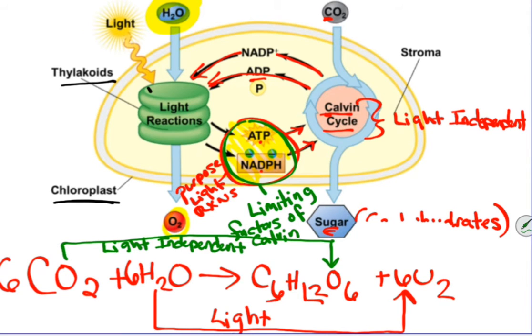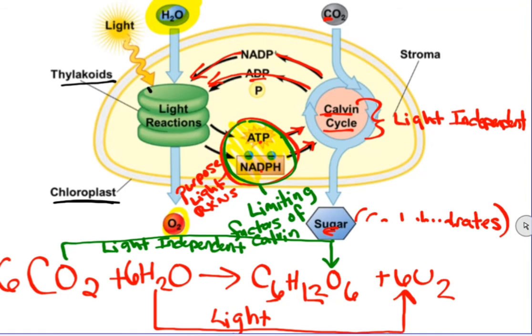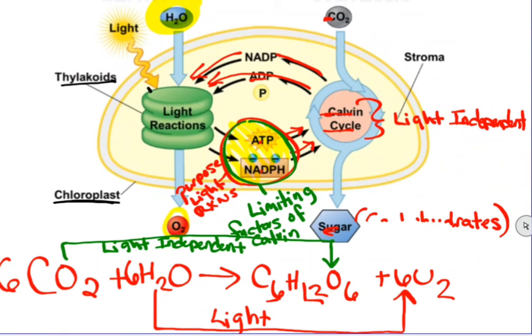So this is the overall picture of photosynthesis. Water comes in as well as light. Light is the energy to power the process. Okay, light splits water, harvesting electrons. That allows us to make ATP and NADPH, okay, which go into the Calvin cycle and help power the synthesis of sugar, of carbohydrates, okay, using carbon dioxide from the atmosphere.